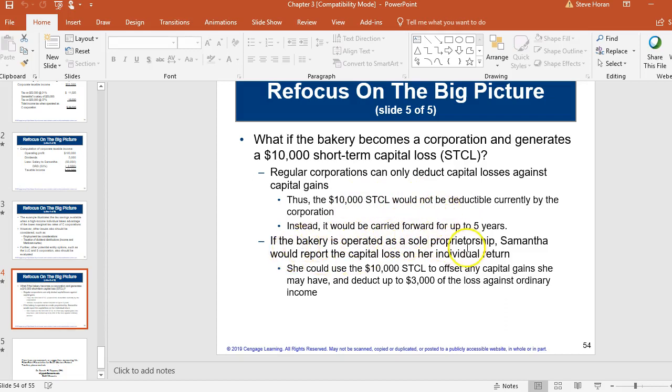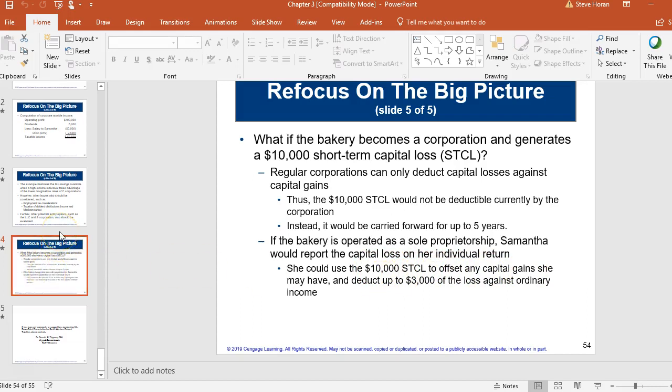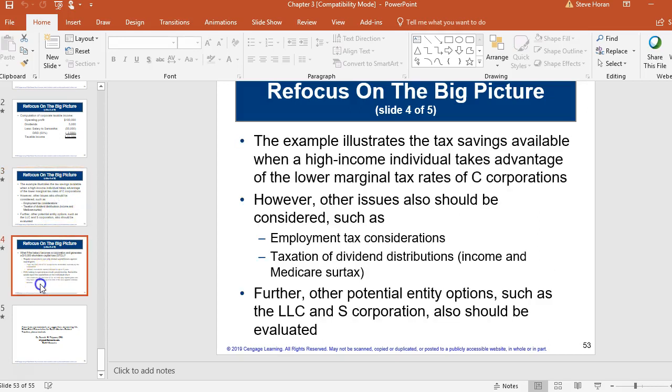If the bakery is operated as a sole proprietorship, Samantha would report the capital loss on her individual return, and she can use it to offset any capital gains and deduct up to $3,000 of loss against ordinary income. So it's not perfect. If she has short-term capital losses, she would quite possibly have been better off as a sole proprietorship. So you have to think through the various tax strategies and what her income looks like.